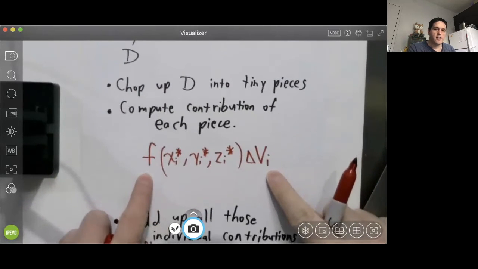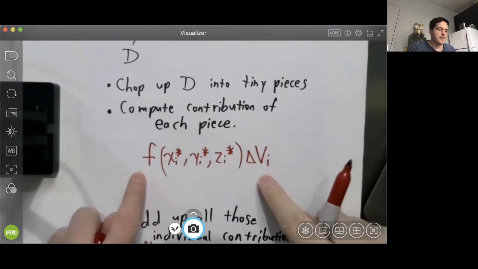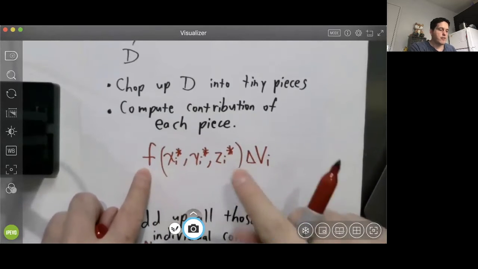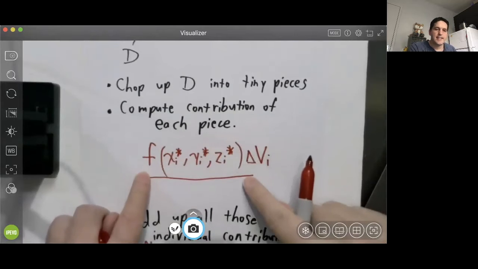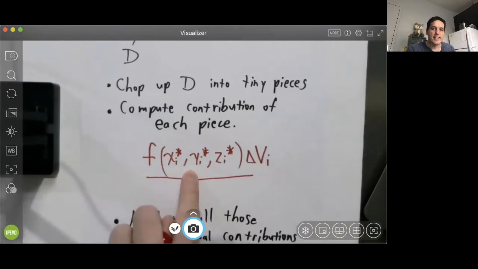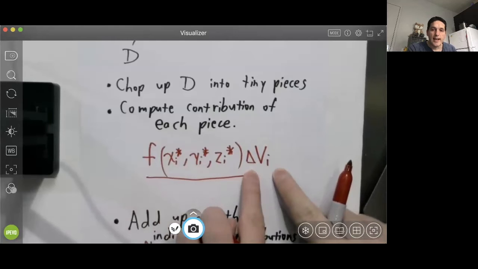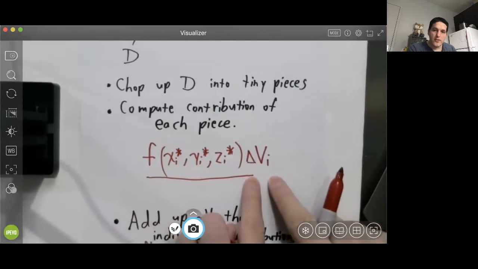Here, when we're computing the contribution of the ith tiny piece of our physical object, let's think about what this means. This term, that's the density at a point inside this ith tiny piece. We're taking this density and multiplying it by the volume of the ith tiny piece. Density times volume gives us the mass of the ith tiny piece.